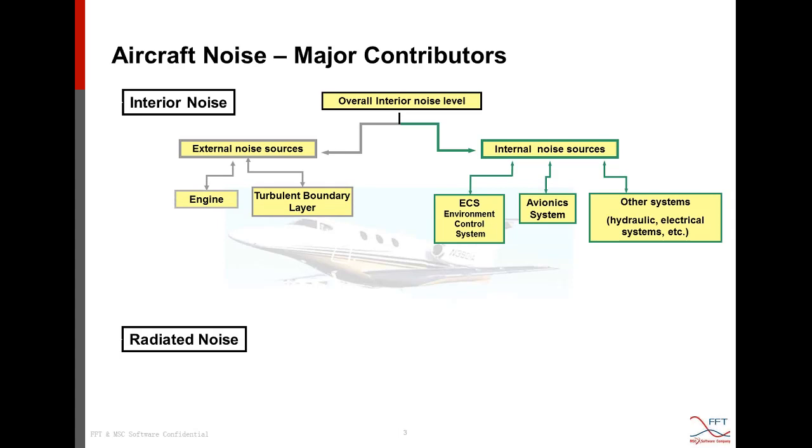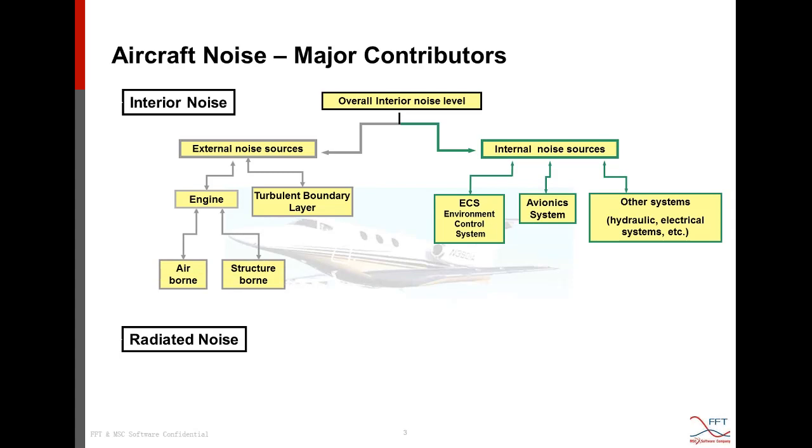It could be a turbofan engine, or a propeller engine, or even a counter-rotating open rotor, which is a new concept of engine. And another part of the external noise sources is coming from the turbulent boundary layer created by the viscosity of the air while the aircraft is cruising.